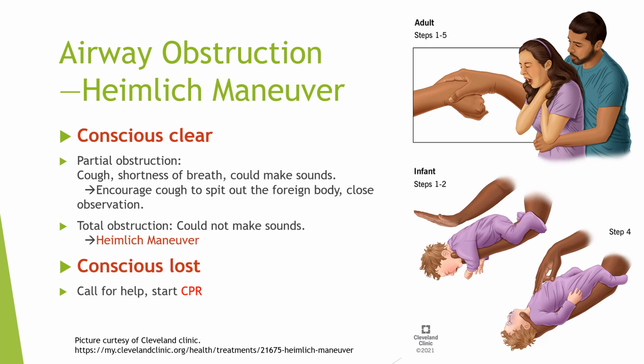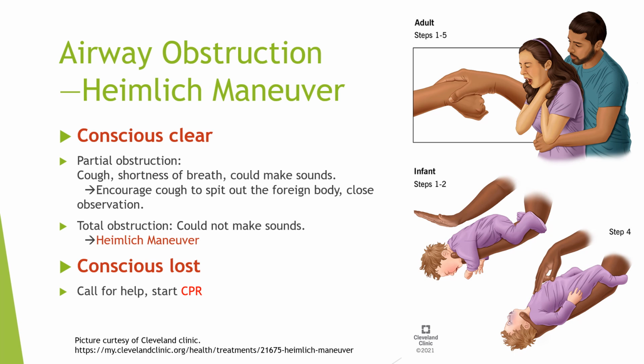During the Heimlich maneuver, you will use one hand making a fist, the other hand covering the back of the fist, and put your fist on the patient's xiphoid process and move upward and backward until one of two conditions develops. Firstly, the patient coughs out the foreign body.